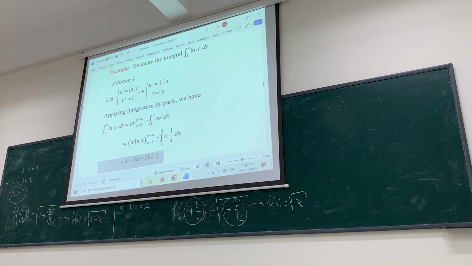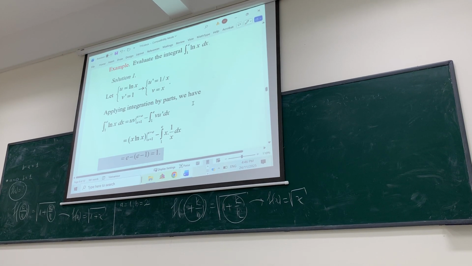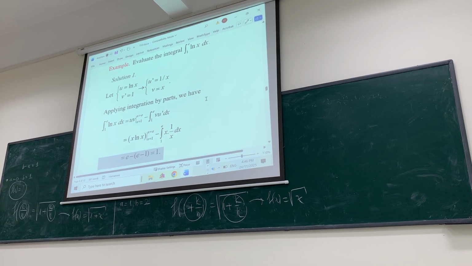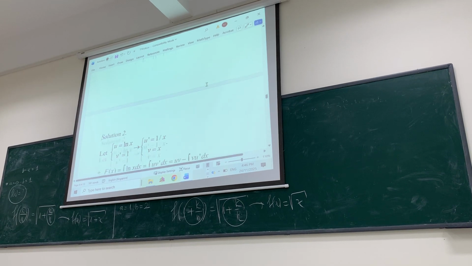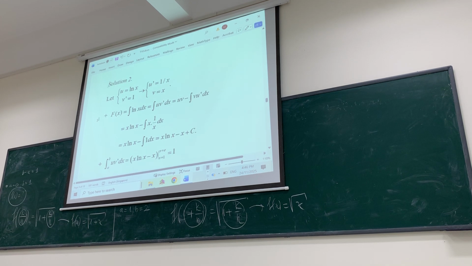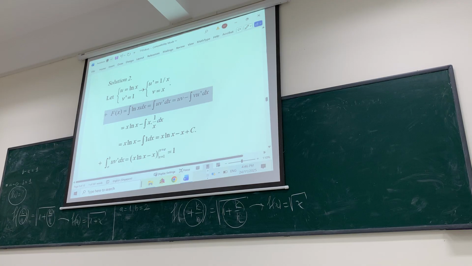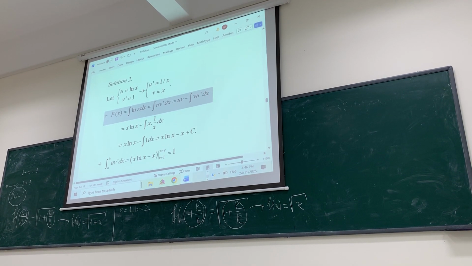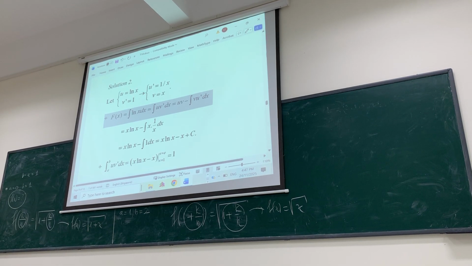So we have done the first solution. Now continue with the second solution, where we use the antiderivative to evaluate the definite integral. In solution 2, first you need to find the antiderivative of the function natural log x. We find the antiderivative based on integration by parts for the indefinite integral.